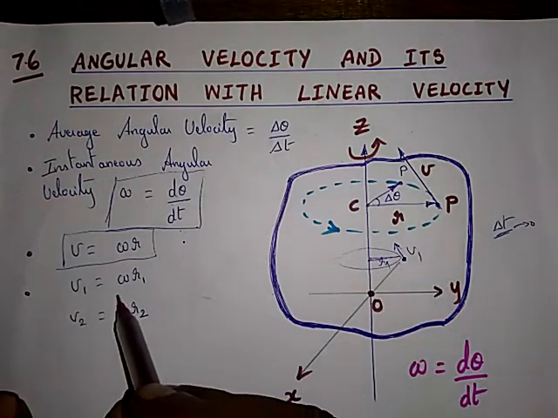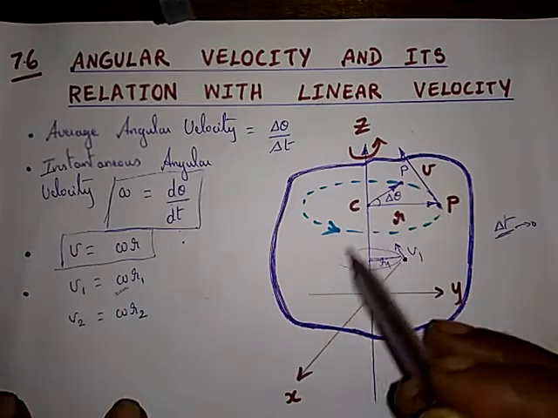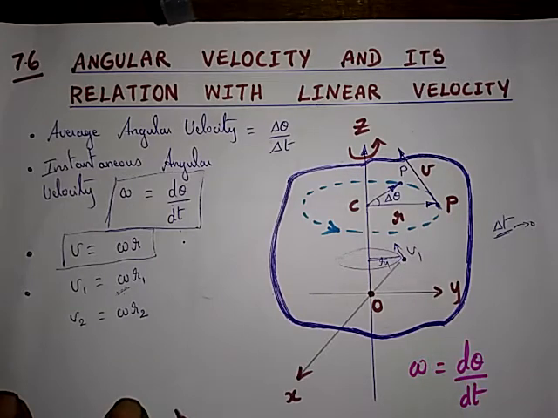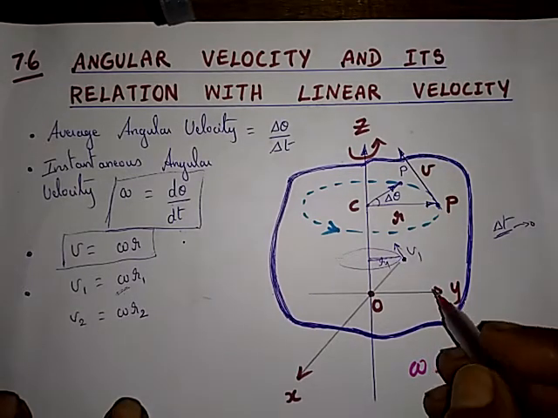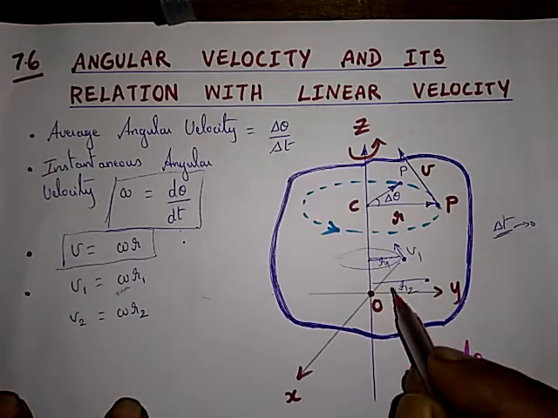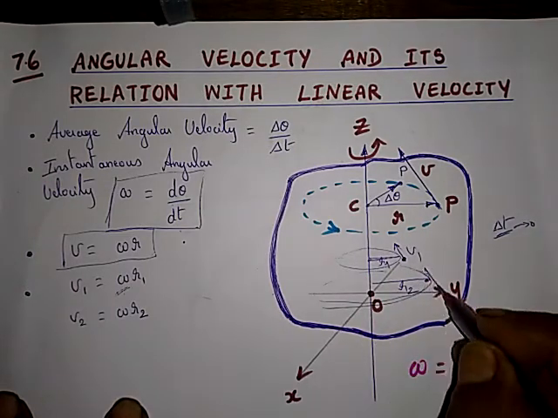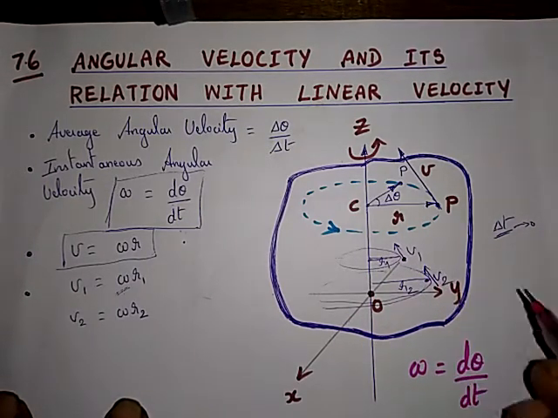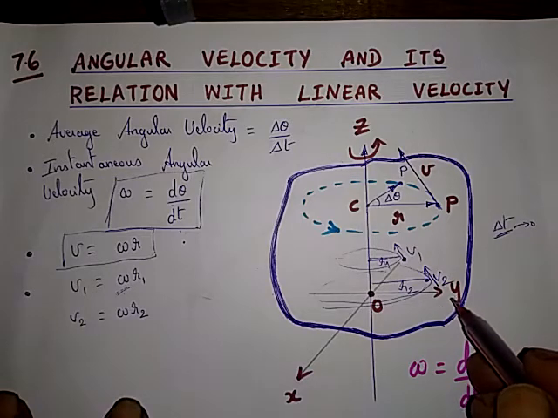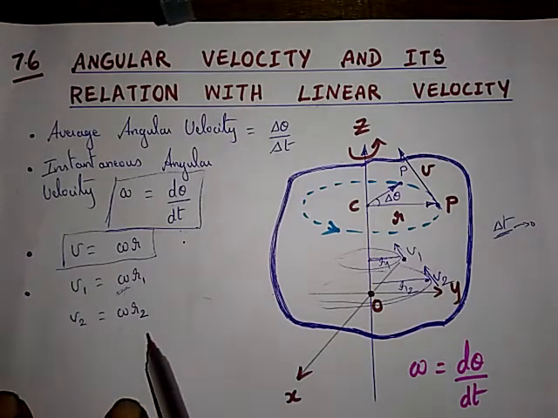Now if you carefully note, this omega is not changing. Why is it not changing? Because all the particles move with the same angular velocity. Similarly, if you consider another point, say this point, which has a radius r2 on this circular path, and this is the linear velocity v2, then the connection between linear velocity and omega is v2 is equal to omega r2.